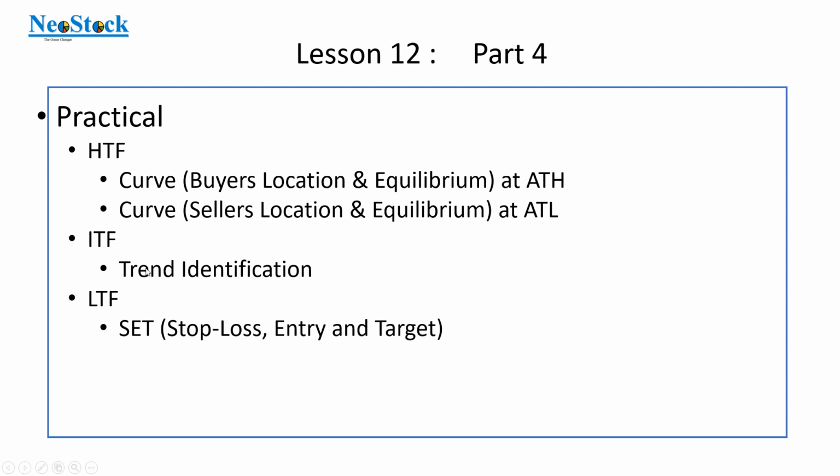Then on the intermediate time frame we identified the trend, and on the lower time frame we identified the demand zone, supply zone, stop loss, entry and target. But you have to do these exercises. And also we validated the zones and the trades we want to plan. Is it as per the trend or as per the curve? Are they satisfying or not? That is also validated. We should not forget that point.